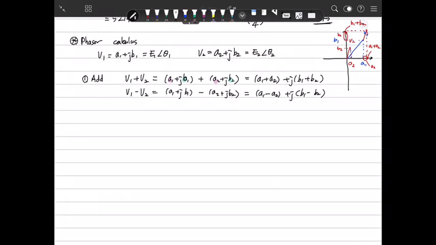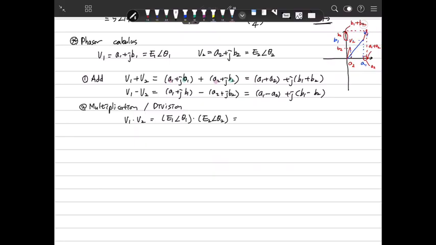And the second thing is multiplication or division. For example, when V1 and V2 are multiplied, the polar form is more useful. In this case, we have E1 at theta 1 and E2 at theta 2.